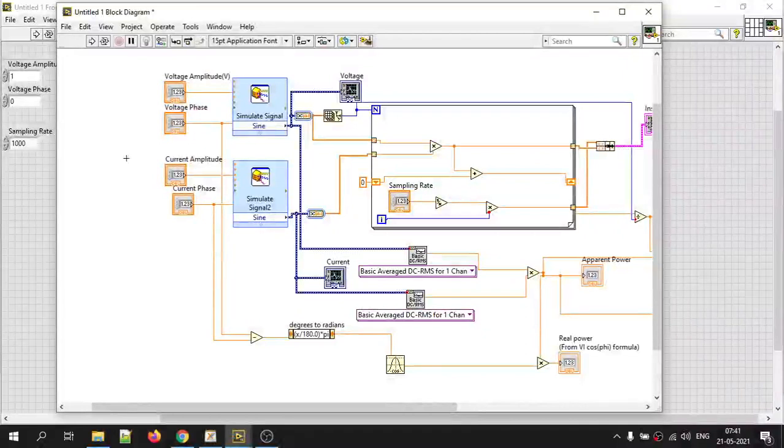This amplitude we are entering in volt, voltage phase in degrees, and similarly current amplitude in ampere, and the current phase once again in degrees.